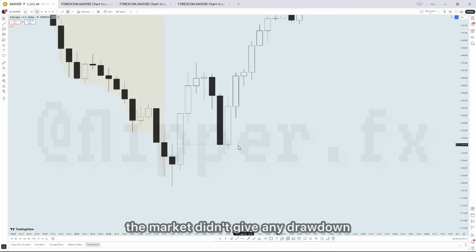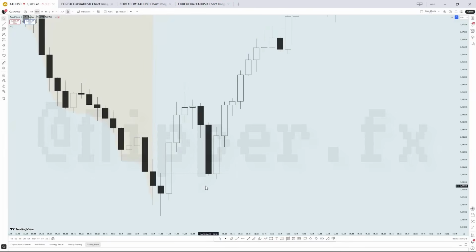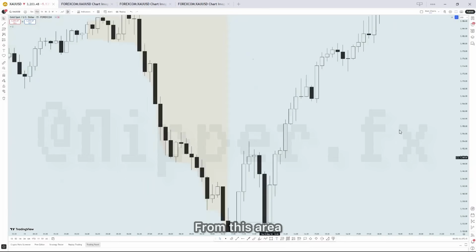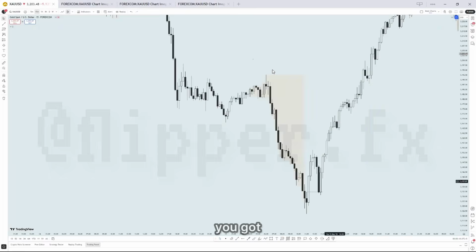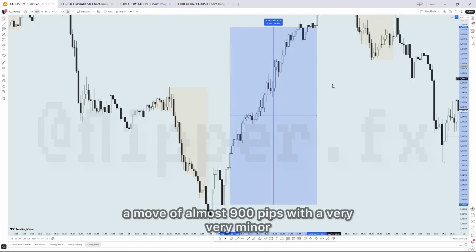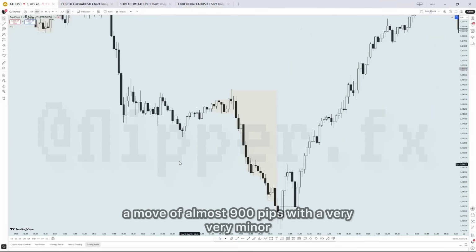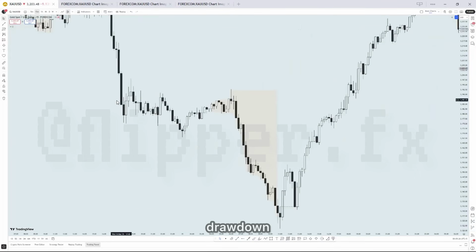Even here, the market didn't give any drawdown, and then it made a strong move toward the next liquidity. From this area, you got a move of almost 900 pips with a very minor drawdown.